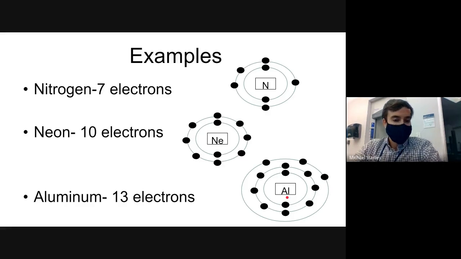So aluminum has 13 electrons in total: 2 on the first shell, which is full, plus 8 on the second shell, which is also full, plus 3 more out on the third shell, gives us 13 electrons in aluminum.